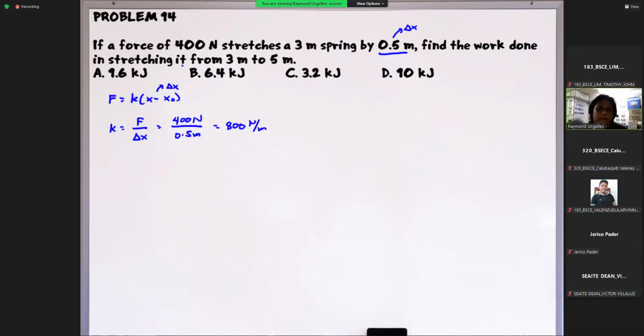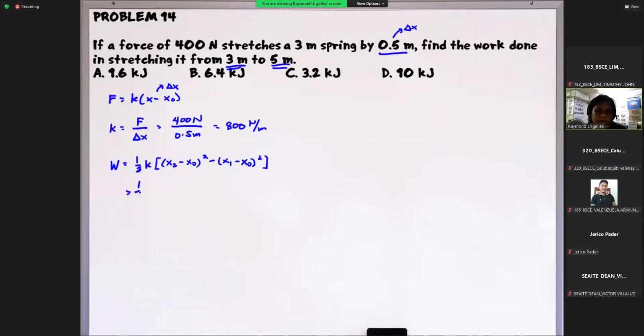Then find the work done in stretching it from 3 meters to 5 meters. So again, our direct formula for the work done is 1/2 k multiplied by x2 minus x sub 0 squared minus x1 minus x sub 0 squared.